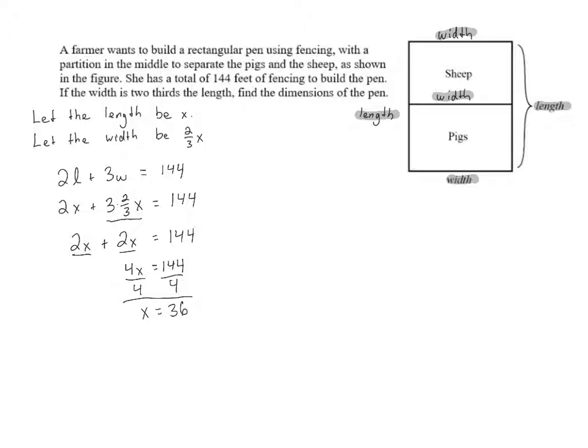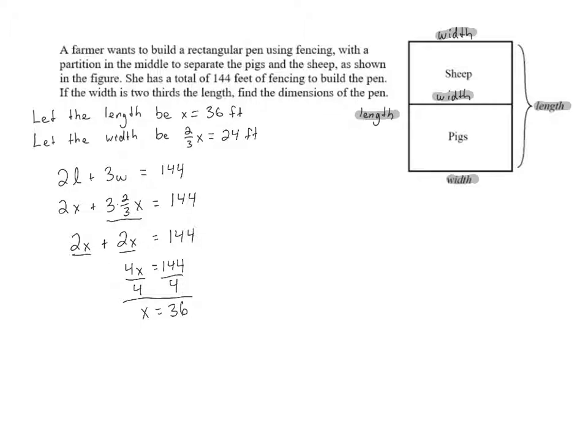So the length we said was x, but that's going to be 36, and it's going to be feet, because everything here is measured in feet. Then we'll look at the width. The width is 2/3 times x. Well, if x is 36, 2/3 of 36 ends up being 24.